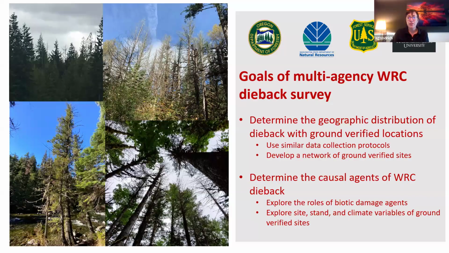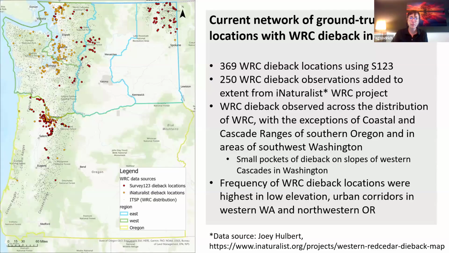So we had some goals with this multi-agency survey. This is the ground survey, the ground truthing. We wanted to determine the geographic distribution of the dieback, and also get a better idea of the causal agents of Western red cedar dieback and explore the role of potential biotic damage agents.